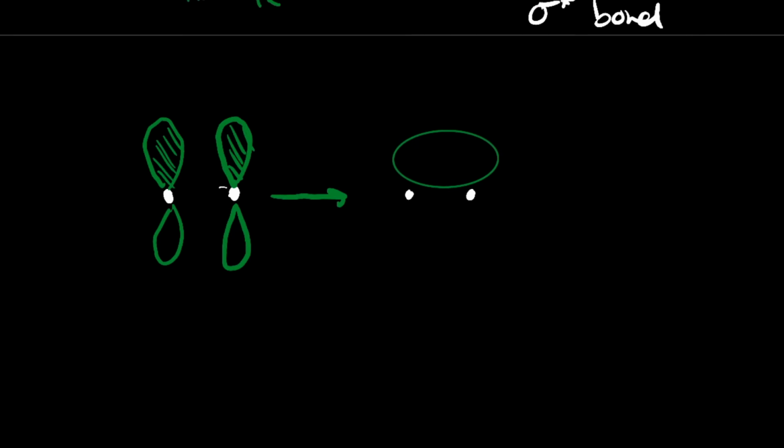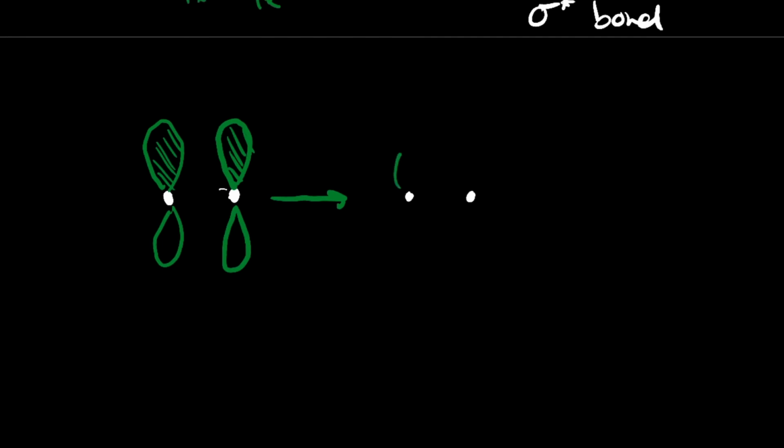Oh, that made it oval. That's actually unhelpful right now. I don't really want it to be an oval. This whole area up here is now the 1 pi orbital. And then the orbital down here is the open pi orbital, right?